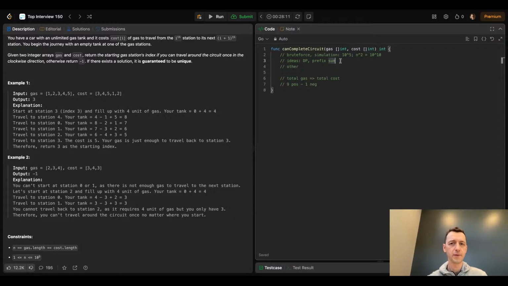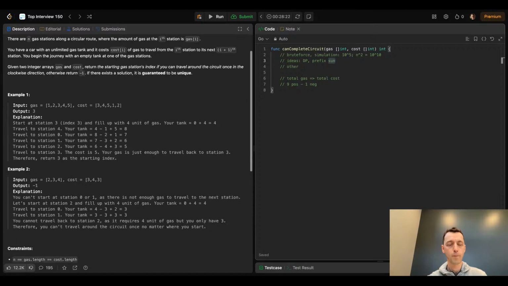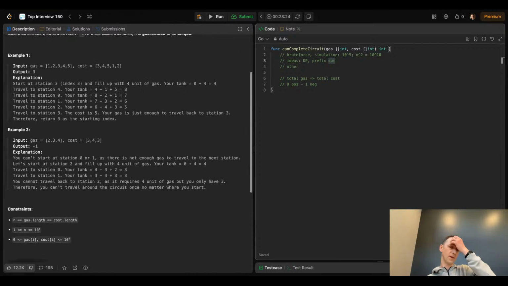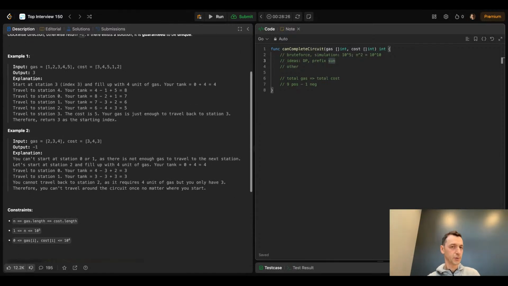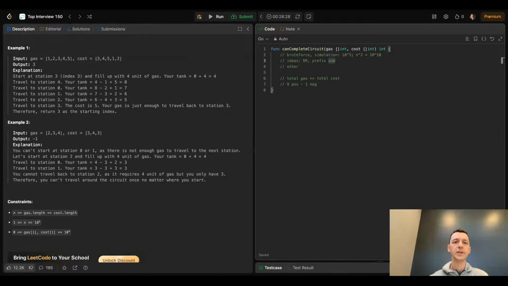So it feels like this problem is about using the prefix sum in a way, and the solution could be pretty short intuitively.